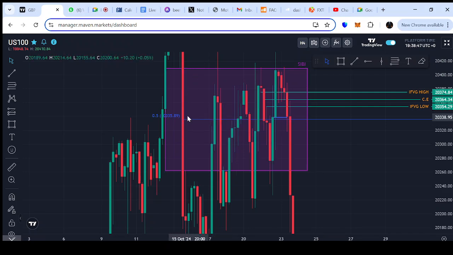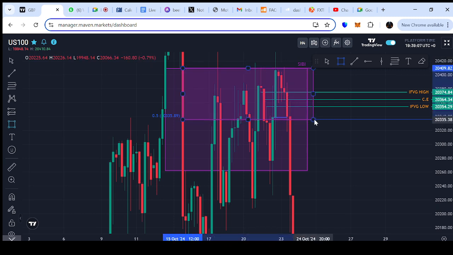To get the half of this inefficiency, which is the 50%, the upper quadrant is the premium level, while the down quadrant, the half quadrant, is the discount area. You can annotate it and differentiate it like this.